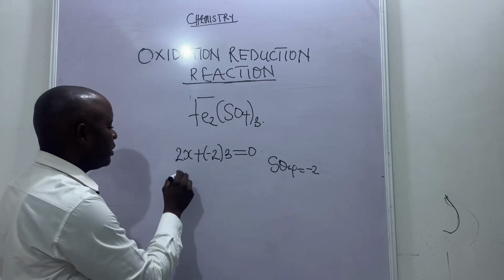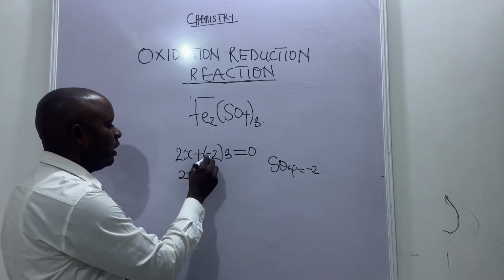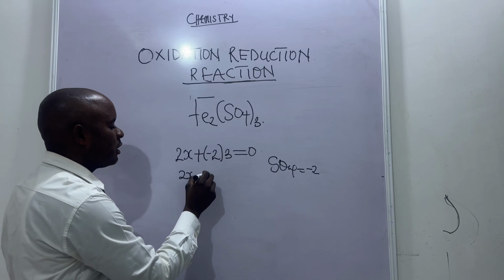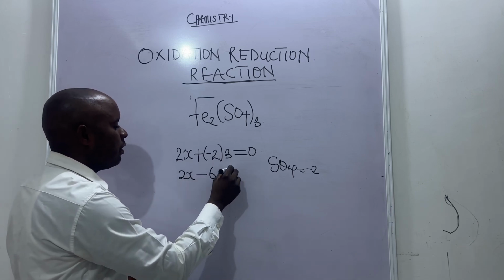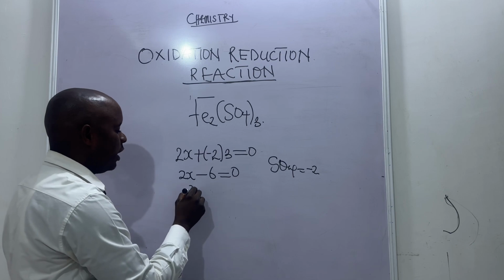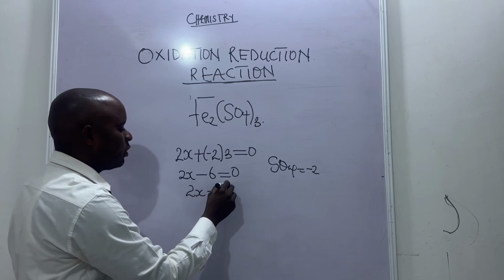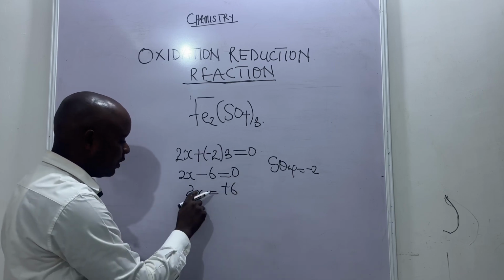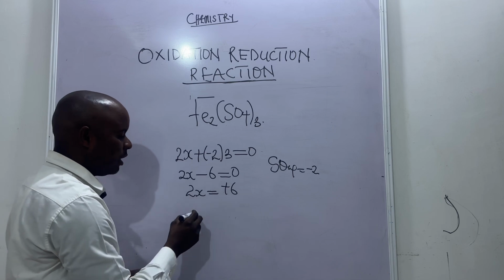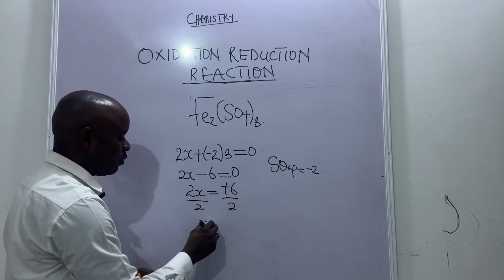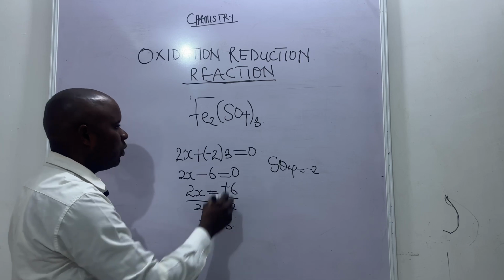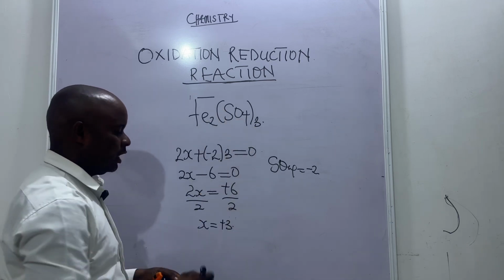So we say 2S, -2 times 3 is -6, is equals to 0. Here 2S is equals to +6. For us to have S, we divide both sides by 2. We're going to have S is equals to +3. So the state of iron here is +3.